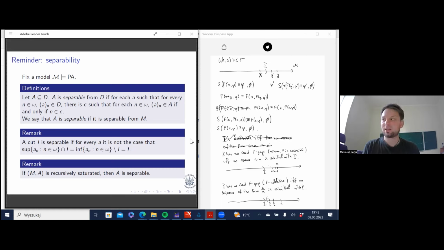The latter says that essentially you cannot approximate this cut from above via sequences of a particular type.